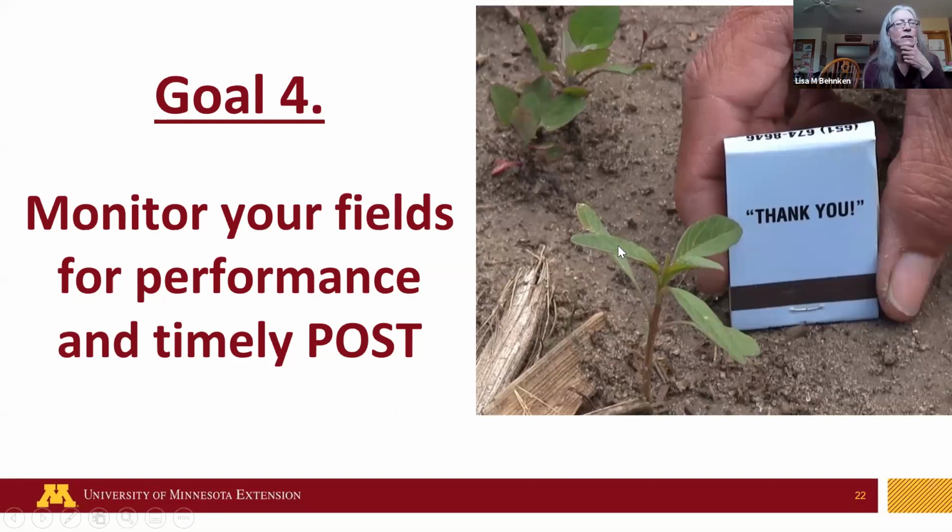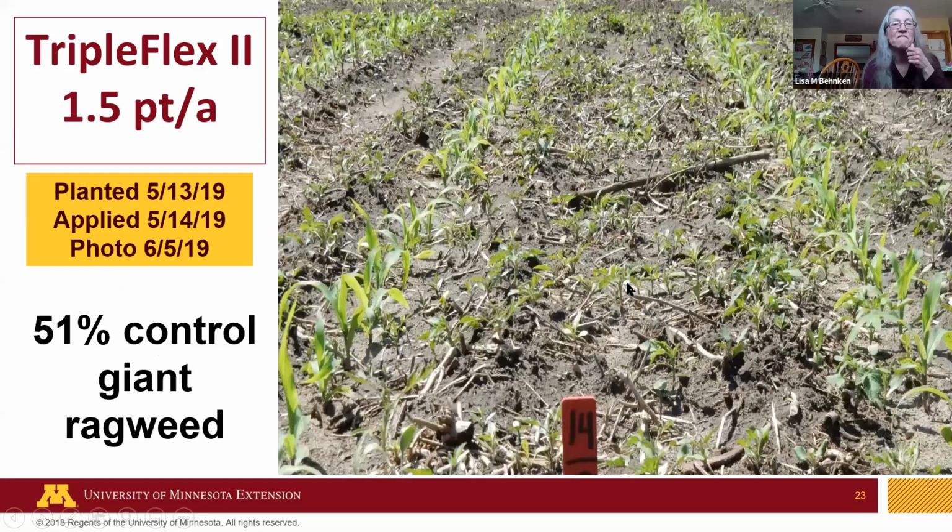In this case, you say, wow, that looks pretty messy. Well, here's from our site in Rochester where we have a very dense population of giant ragweed. So we gave this about 50% control. 2019 was a tough year, a lot of rain, very cool. Our herbicide programs were activated very quickly, but I think some of them ran out of gas very quickly too.